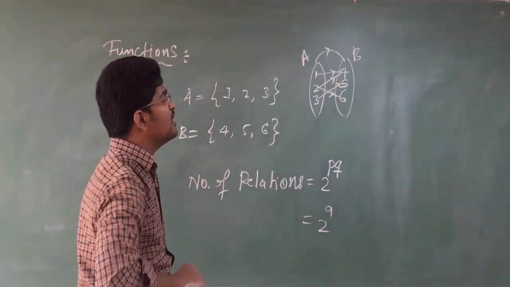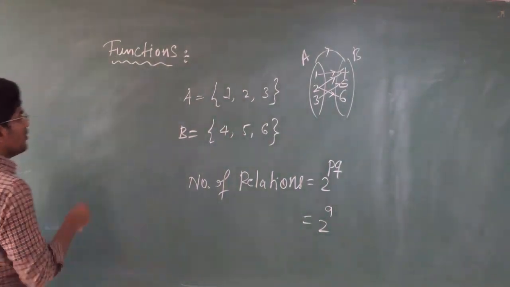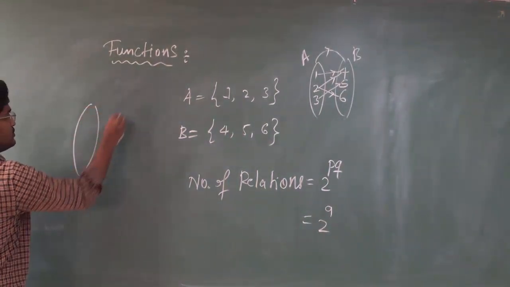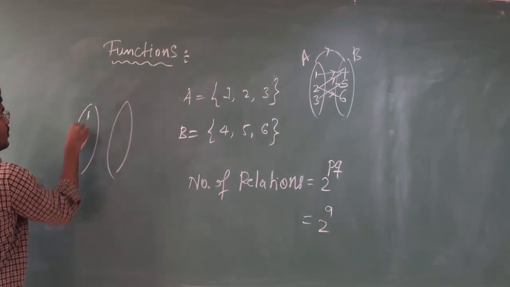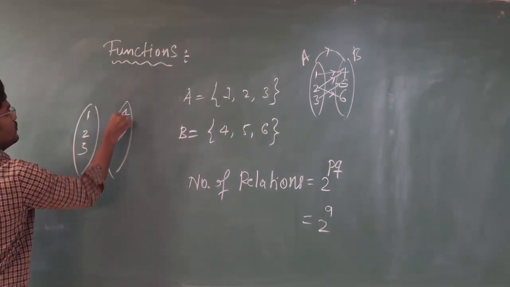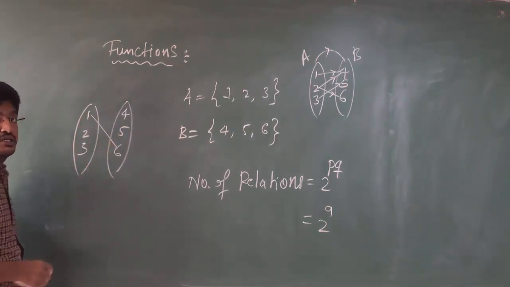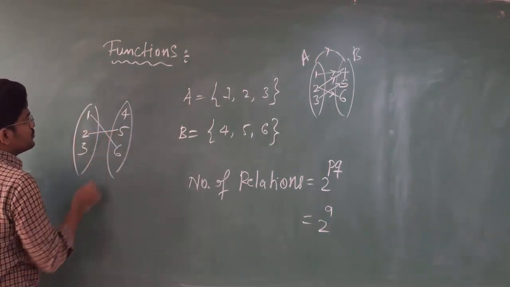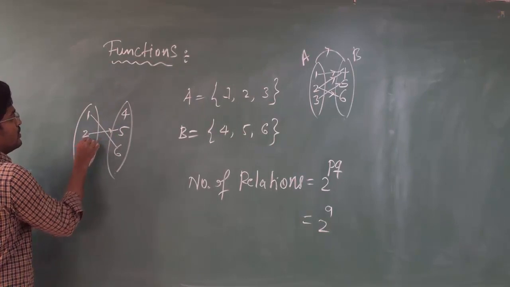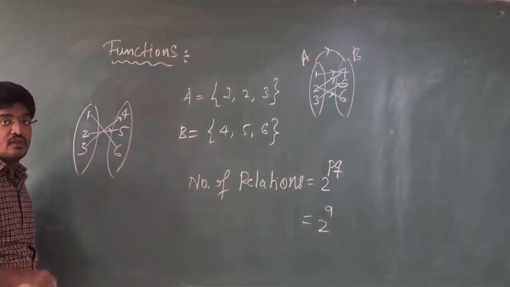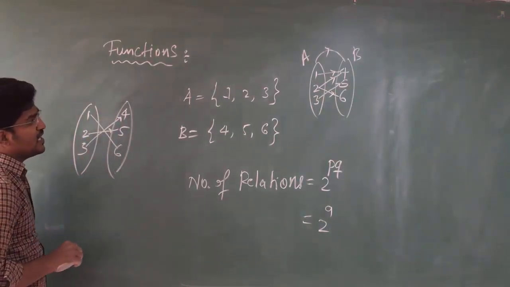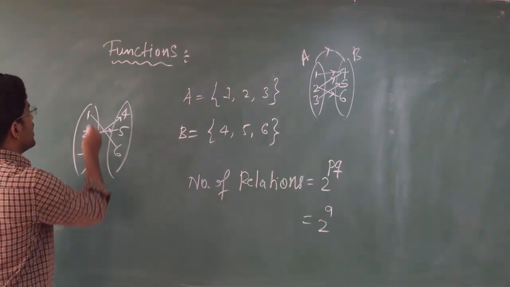This is one arrow diagram. I will go for the second arrow diagram. 1, 2, 3, 4, 5, 6. 1 goes to 6, 2 goes to 5, 3 goes to 4. Clear? This is another mapping, another arrow diagram.